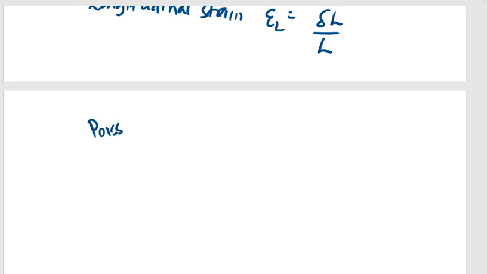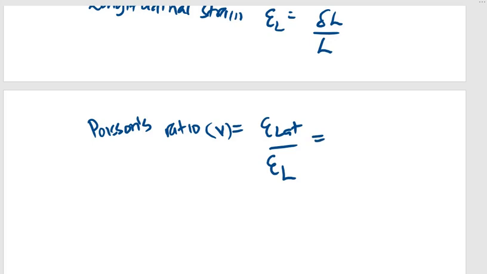Poisson's ratio V will equal lateral strain epsilon lateral divided by epsilon longitudinal, and this will equal, if I take the breadth, the lateral strain along the width or breadth, negative delta B divided by B, then I divide it by the longitudinal strain, which is the small change in length divided by the original length.